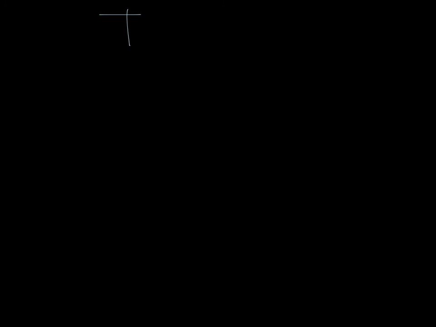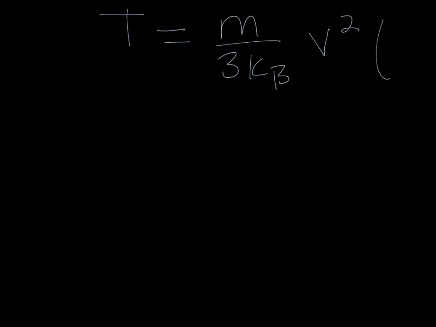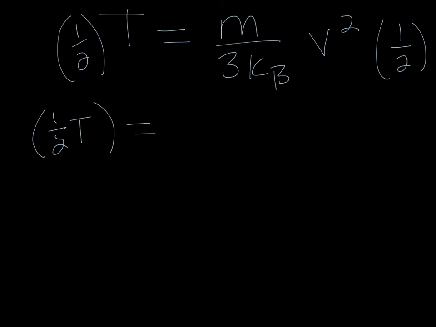So we've got T equals m over 3 kb times v squared. Now I want to put this back in terms of kinetic energy, so I'm going to multiply both sides by 1/2, because if I have a 1/2 on the right side, then I can make kinetic energy. So I've got 1/2 times T is equal to 1/3 kb, pulled out on the side, times 1/2 times m times v squared.